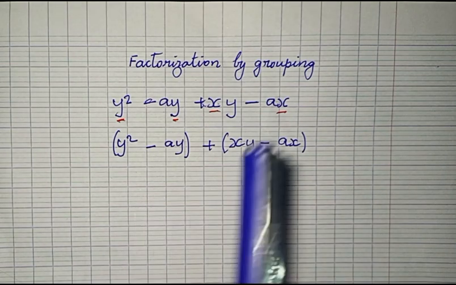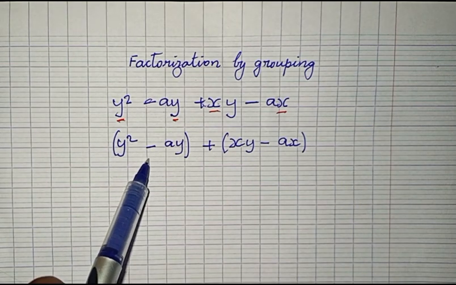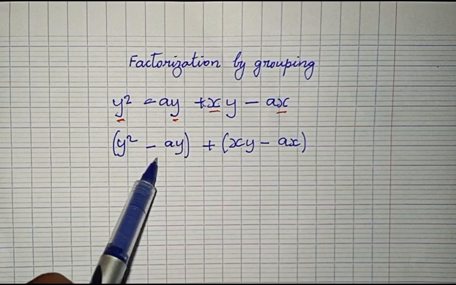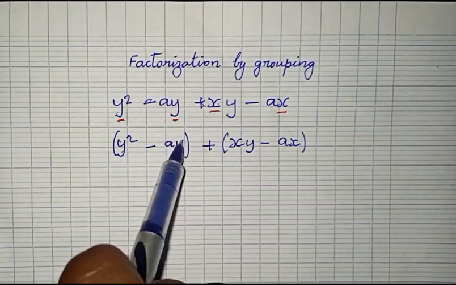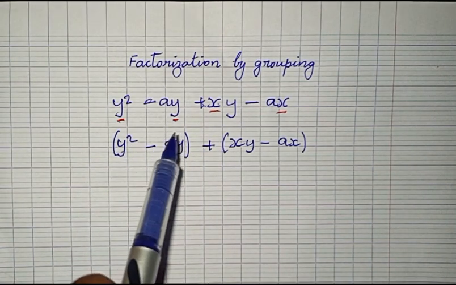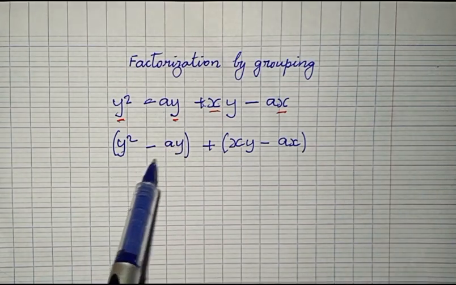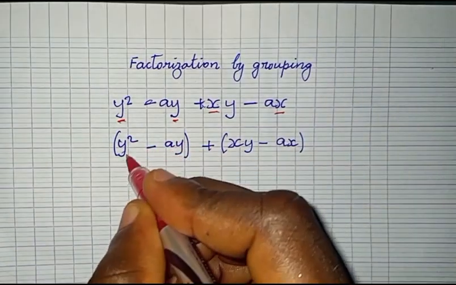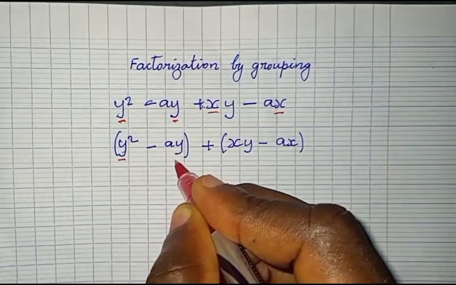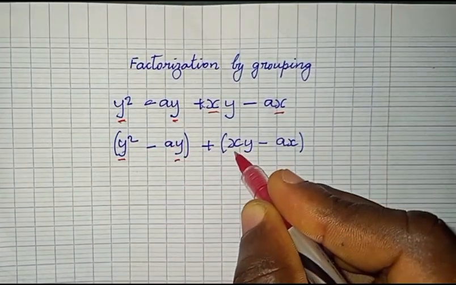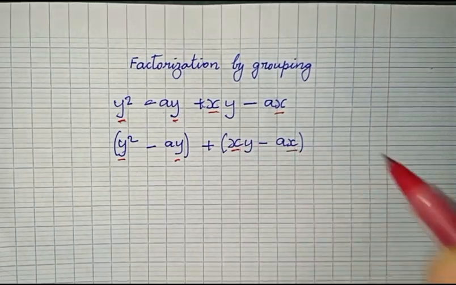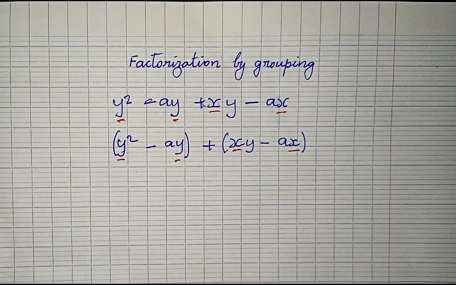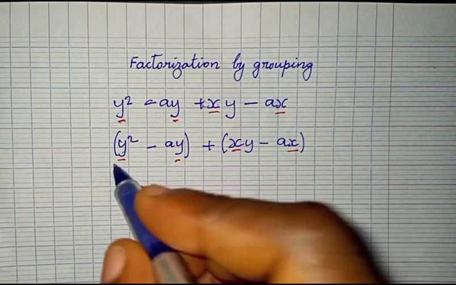In doing so, we see that the first bracket and the second bracket contain common factors. So the next thing to do is factorize the first bracket and then the second bracket. The common factor in the first bracket is y, and in the second bracket it is x. So we are going to put the common factors behind the bracket.